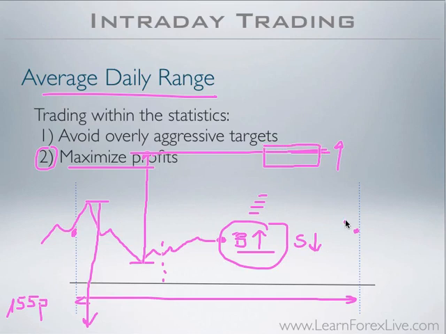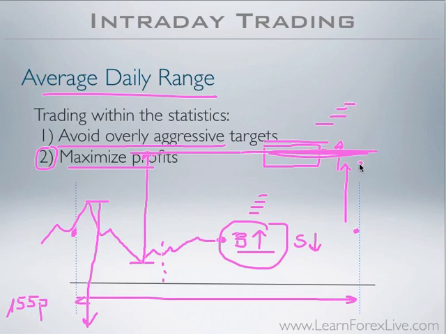You want to maximize your profit, pushing your final target as close as possible to the average daily range. But in the same way, it also avoids placing our final target at overly aggressive levels, meaning you don't want to push your target anywhere beyond this area.